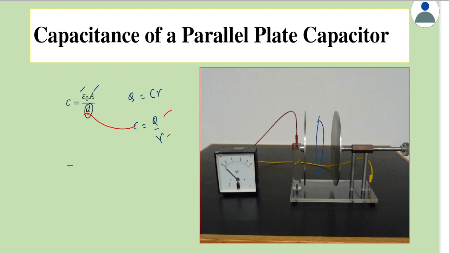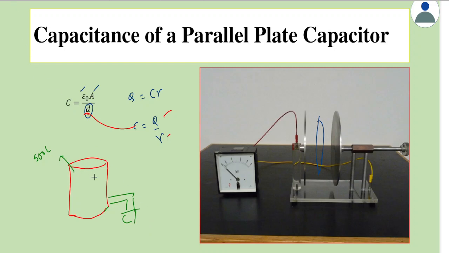As seen earlier, we can assume that the capacitor is like a water tank of a given capacity. For example, imagine that this tank has a capacity of 500 liter. So whether we connect it to a half HP motor or 1 HP motor, whatever the motor is, doesn't matter at all.